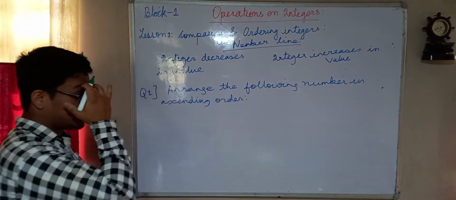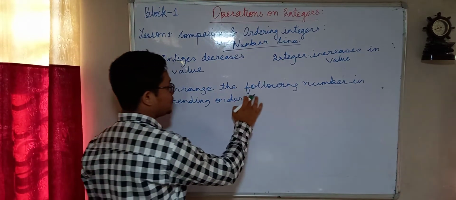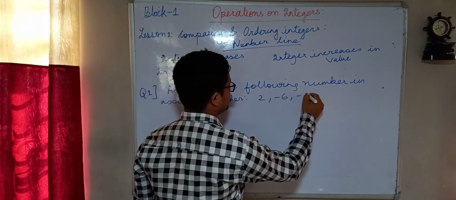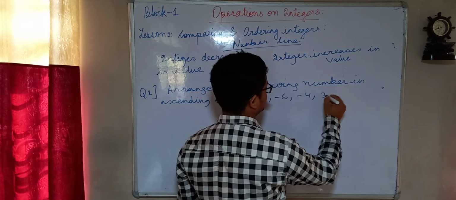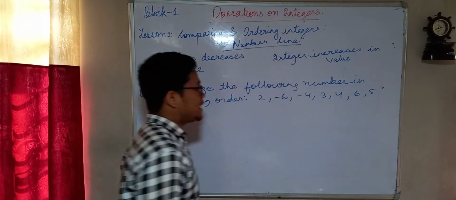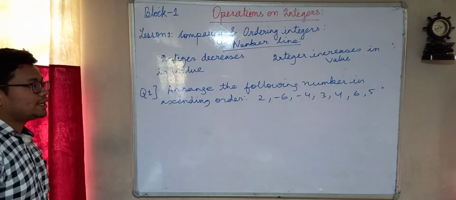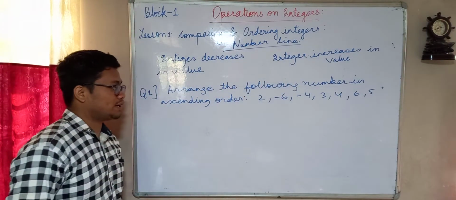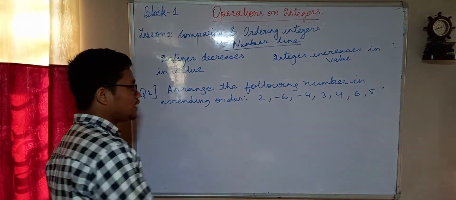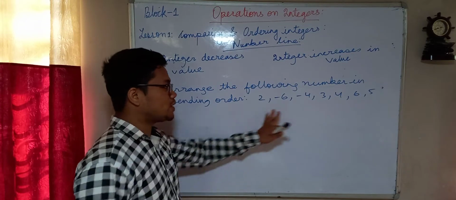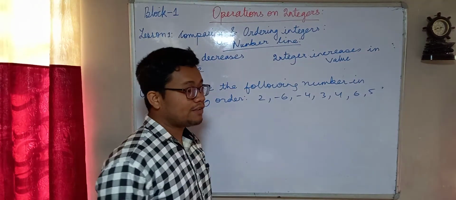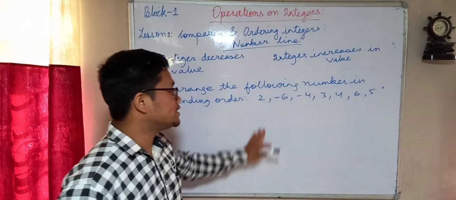Ascending order means what children? From smallest to bigger. If you look carefully over here, there are positive integers and negative integers. Obviously the negative integers will be the smallest amongst these.